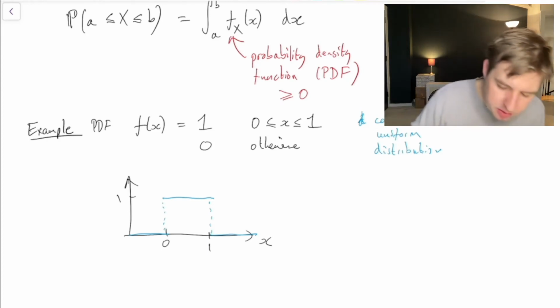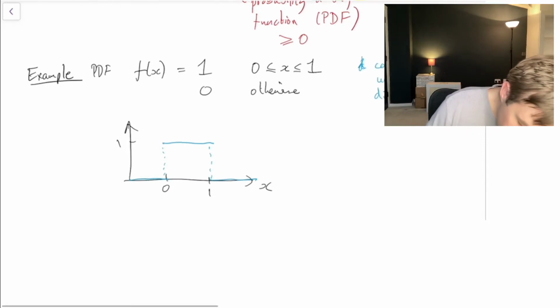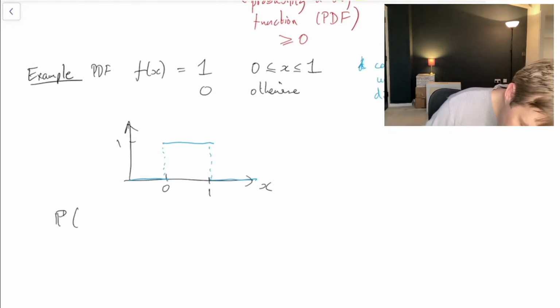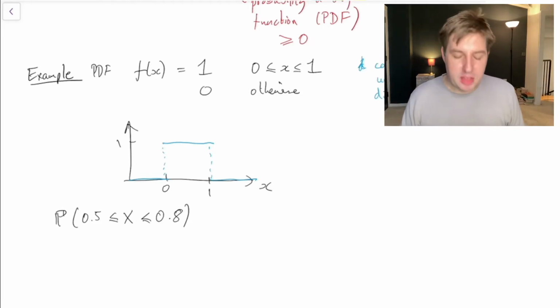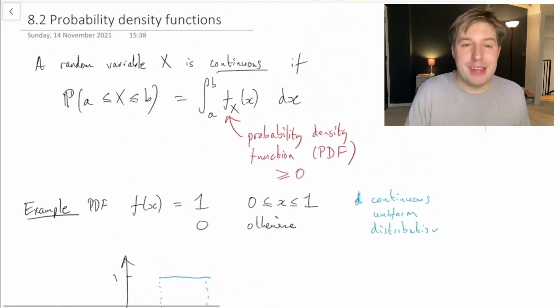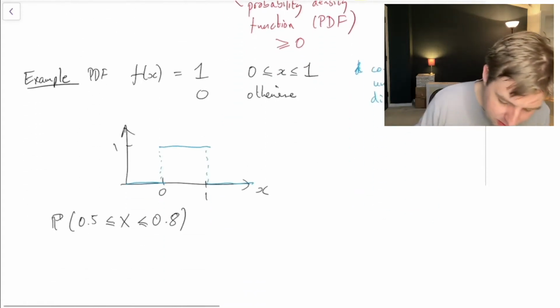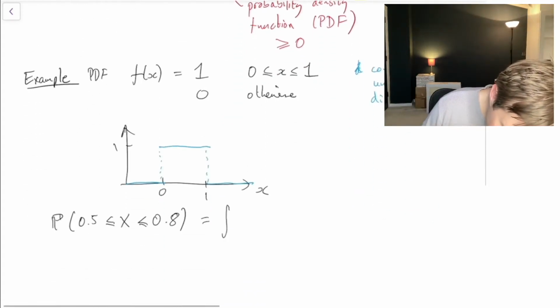So for example, say we wanted the probability that x is between 0.5 and 0.8. How do we find that? Well, from the definition above, we have to integrate the PDF between 0.5 and 0.8. So this is the integral between 0.5 and 0.8 of this PDF.